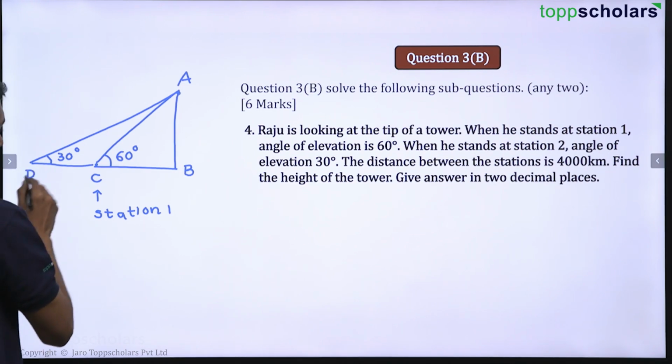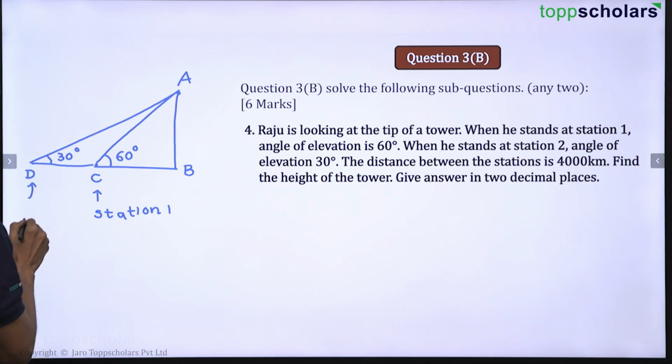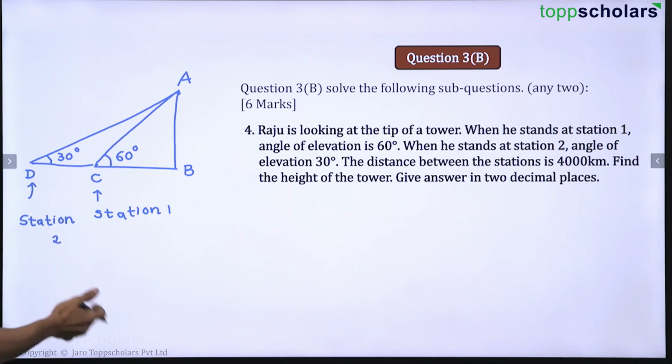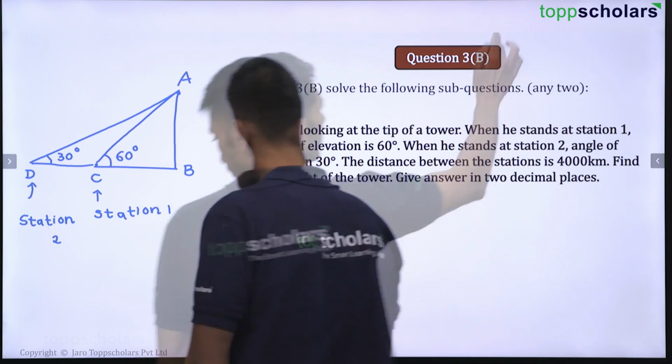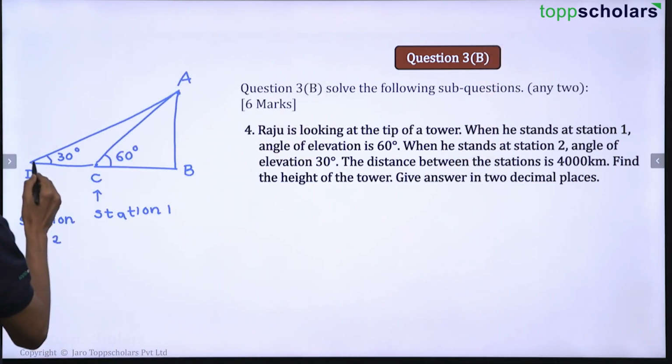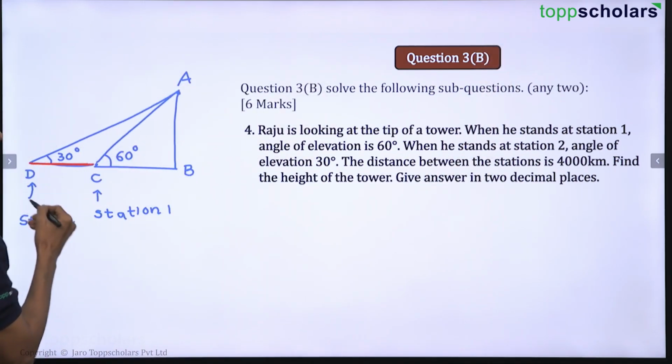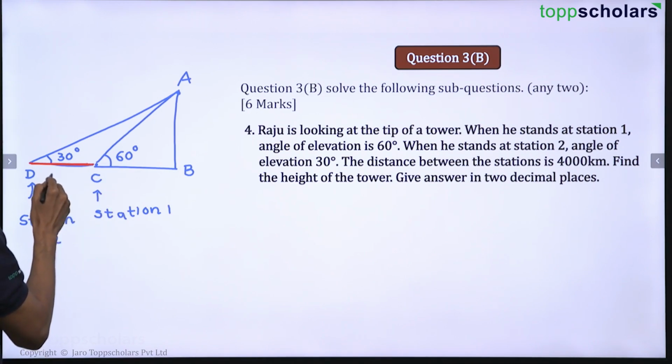Correct? So this is your station 2. And then the distance between the stations is also given. That means what? This distance is given. How much?